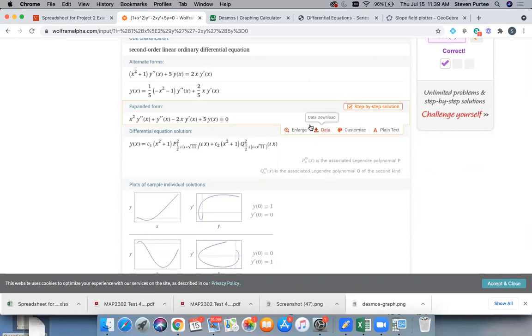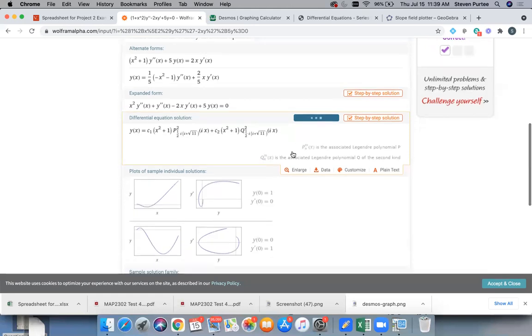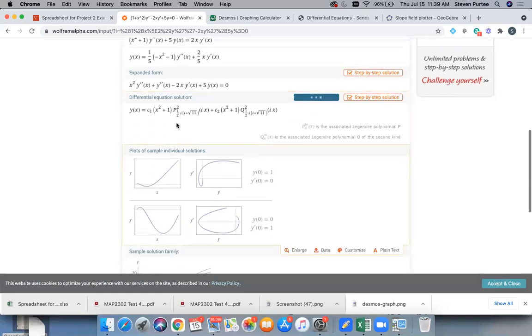I clicked that an hour and a half ago, and Wolfram Alpha is still thinking about it to try to get like a numerical solution here. So we're not going to have an exact form here unless you want to look up Legendre polynomials of this type. This is a very, very complicated one.